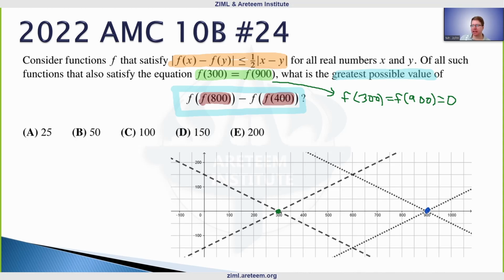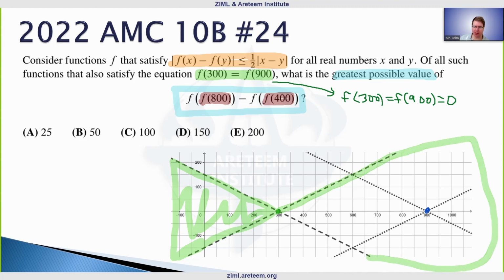And notice that we can interpret this as slope. Moving away from 300, these lines are plus or minus slope of 1/2. So anything in between this region is fine. Going the other way, anything in between here is also okay. Pretty soon they get pretty big and small, and that's okay.